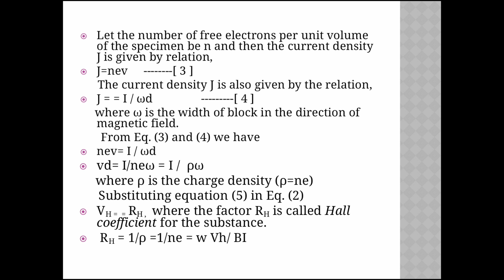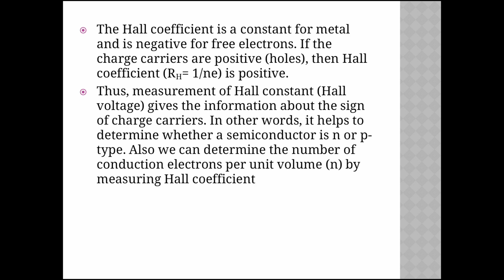we get VH is equal to RH times BI divided by w, where the factor RH is called the Hall coefficient for the substance, and so RH is equal to 1 by rho, which is equal to 1 upon ne, which is equal to w VH divided by BI. The Hall coefficient is a constant for a metal and is negative for free electrons.